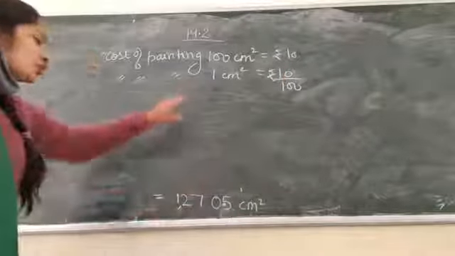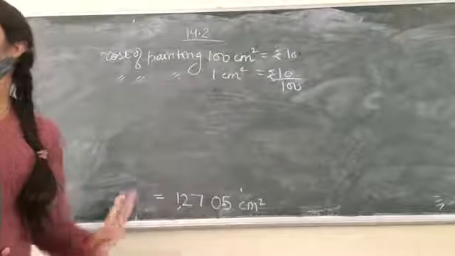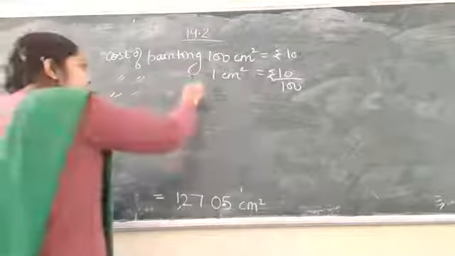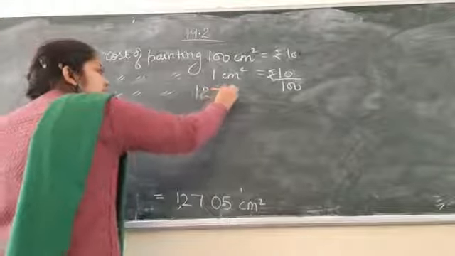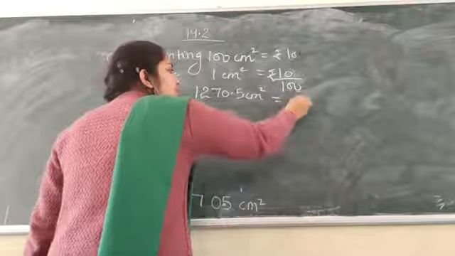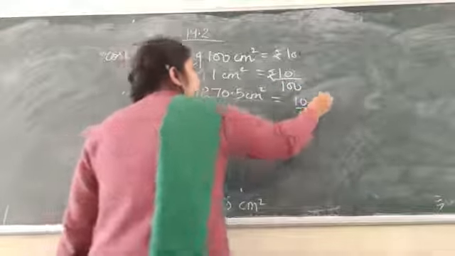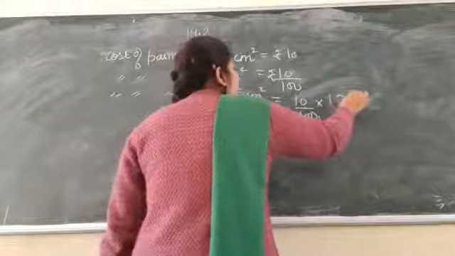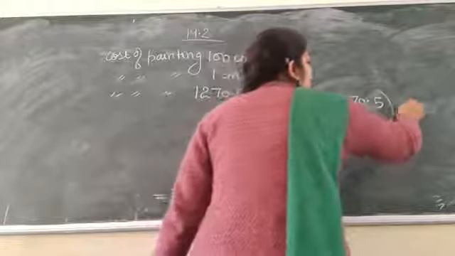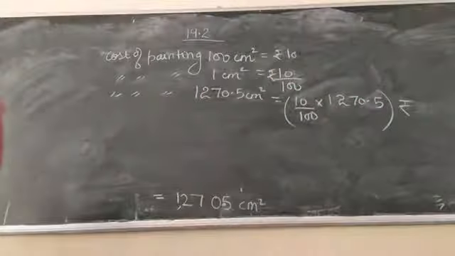And we want to paint 1270.5 centimeter square. Therefore, cost of painting 1270.5 centimeter square is equal to 10 over 100 into 1270.5 rupees. Right? Yes, ma'am. Okay.